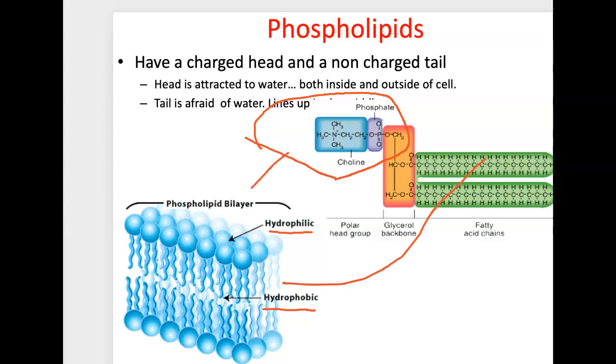The heads are hydrophilic, and they line up facing the extracellular fluid and the intracellular fluid. So this stuff is going to stop anything that's charged. So that would be half of the amino acids, that would be lipid, that would be carbohydrates, that would be ions.